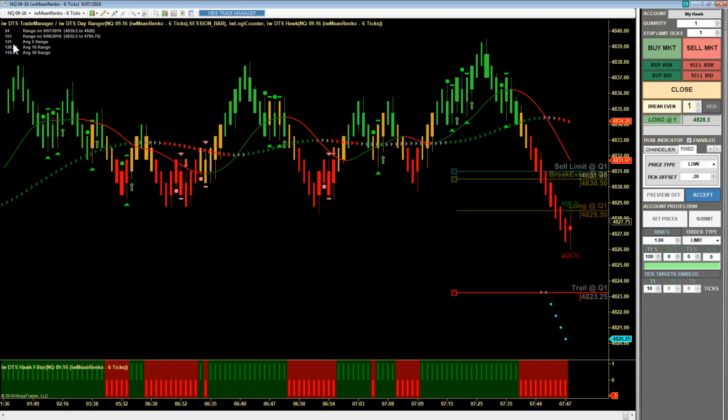Yesterday 150, 151. That was an exceptional day. Today we're only 54. So the market is very, very subdued today. But we have seen a bearish break, so we may see it try to trade a little bit lower from here.